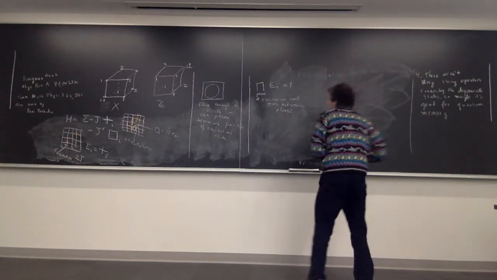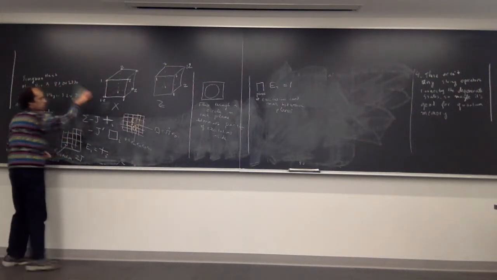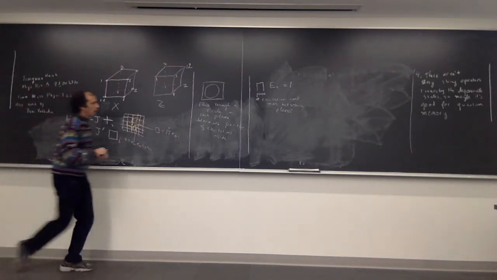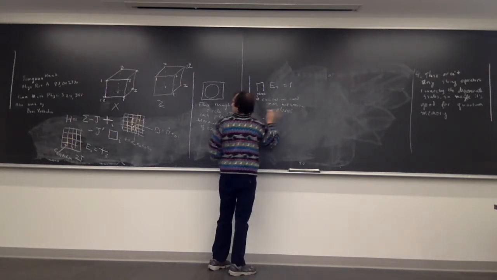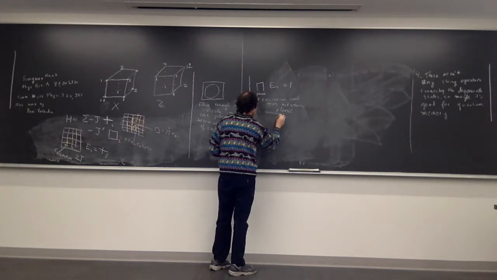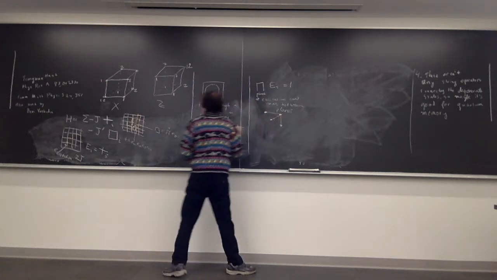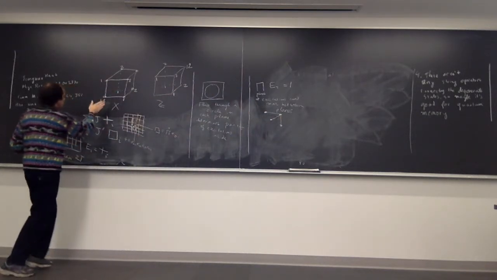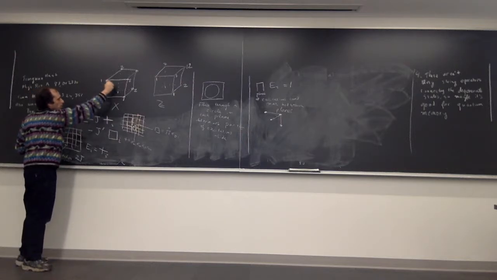So from that I can figure out that there'll be 4 cubes that are flipped, and they're in a pattern like this. These represent the centers of the cubes. If I apply sigma x here, sigma z here, it flips this cube.